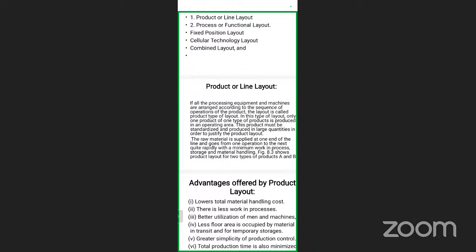When you are producing the product, that must be standardized. Yes or no? When in large quantities. When you consider product layout, this product must be standardized. You are not producing in small quantities, you are producing in large quantities. First of all, you have to justify the product layout.